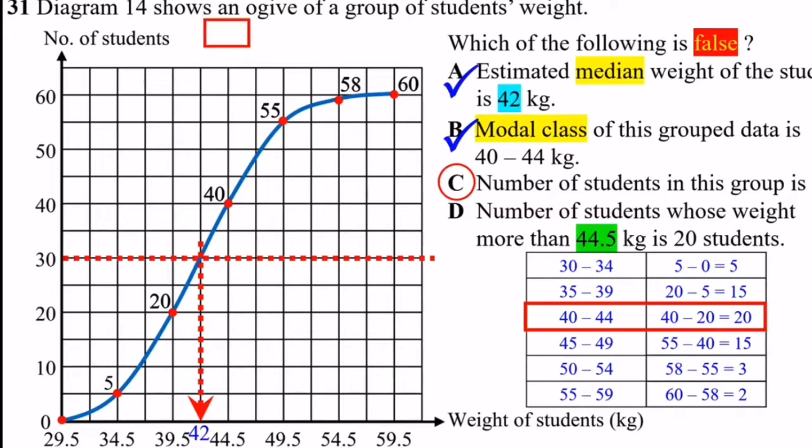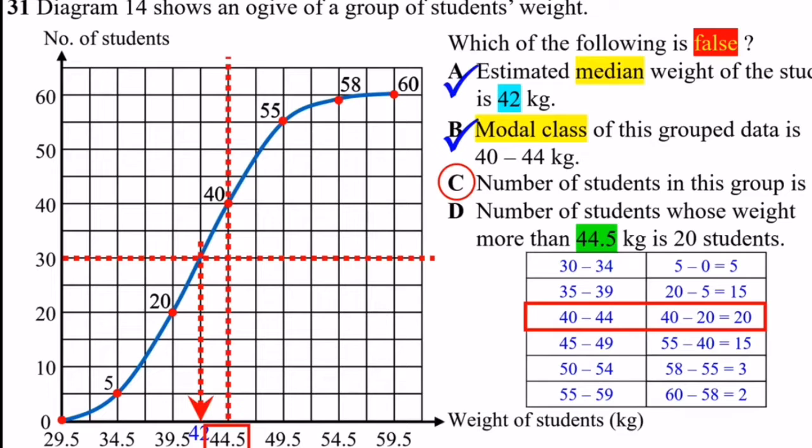Go to the horizontal axis and find where 44.5 kg is. From there I want you to draw a dotted vertical line. The line should touch the ogive. The moment it touches the ogive, you can read 40.